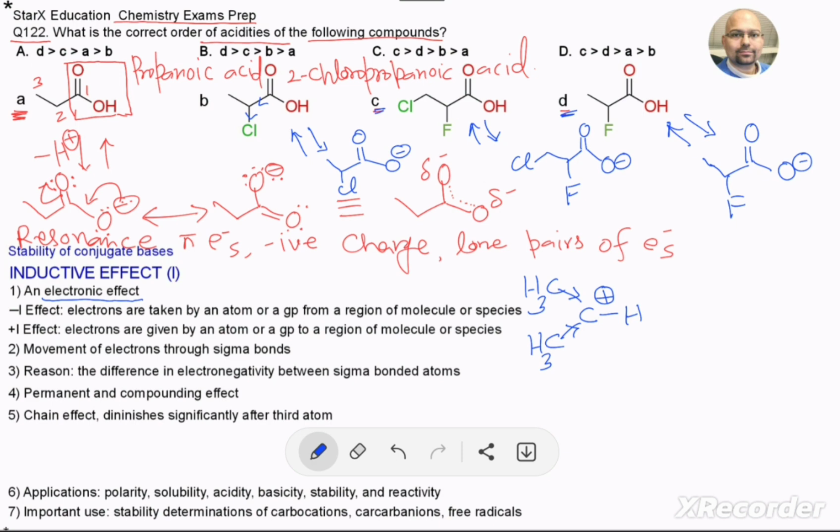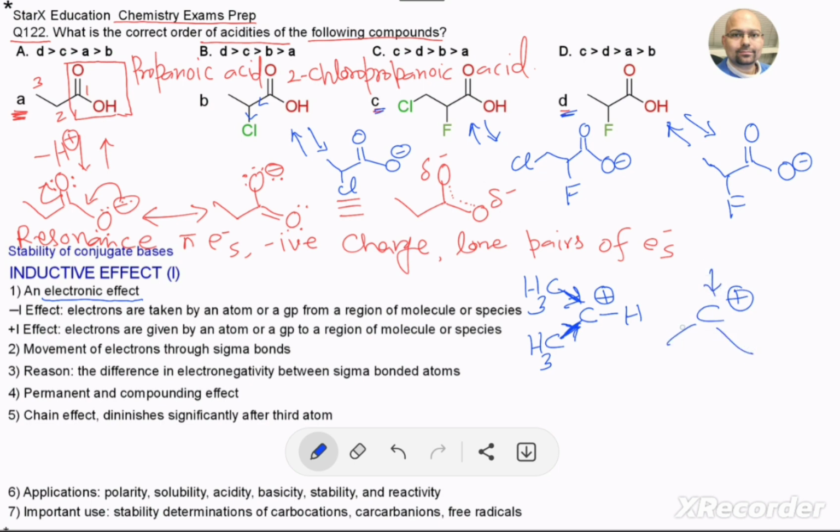Therefore, there is a movement of sigma bonded electrons from this sigma bond towards the carbon that has a positive charge, and that's why this is called the positive inductive effect, because these two CH3 groups are donating electrons towards this carbon that bears the positive charge. So this is a secondary carbocation. Another example we can see is a tertiary carbocation.